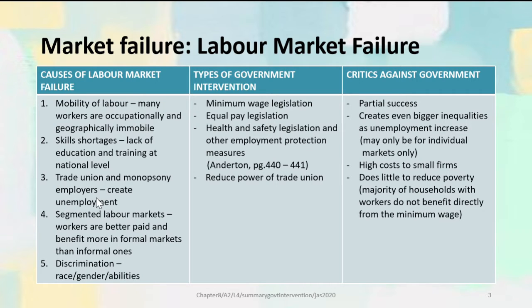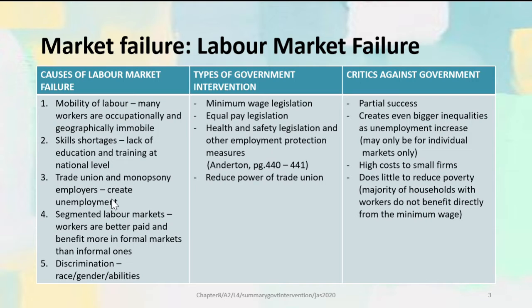The third one would be trade unions and monopoly employers. We have seen this before, where a trade union exists, it would ask for higher wages, and if they're very powerful under this monopoly market, as you looked at bilateral monopoly last time, we are able to see that with a powerful trade union and a powerful employer, they are trying to bargain among themselves.